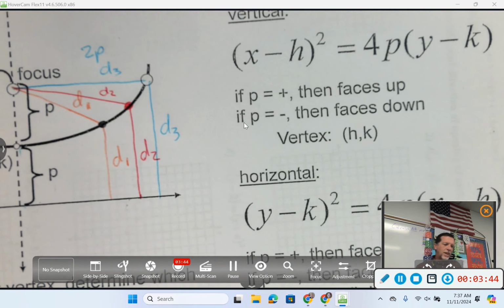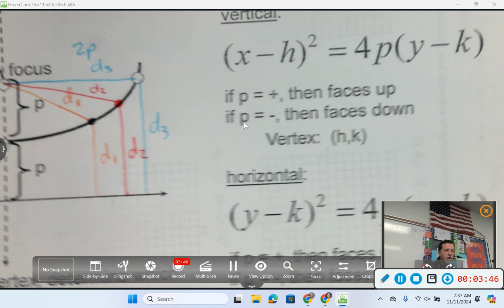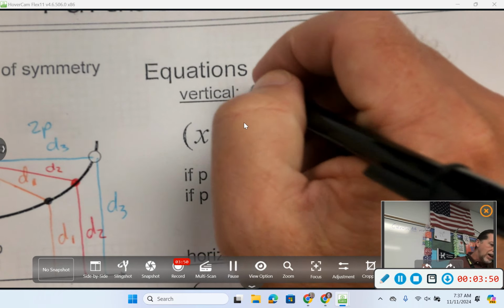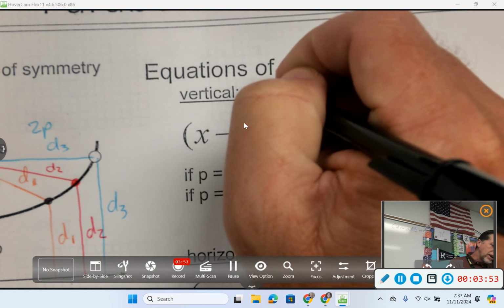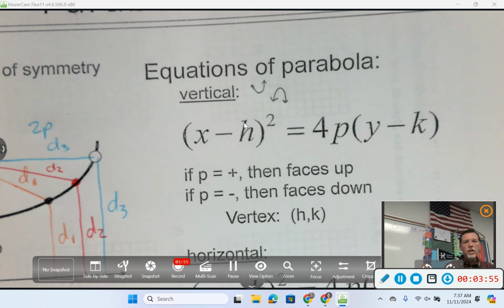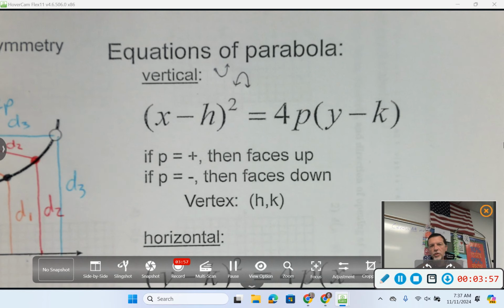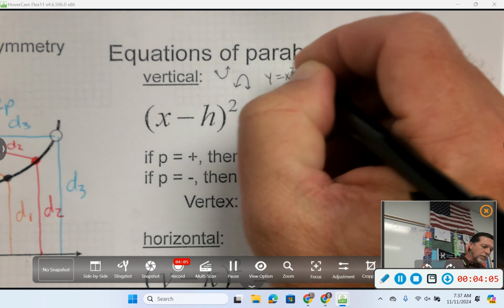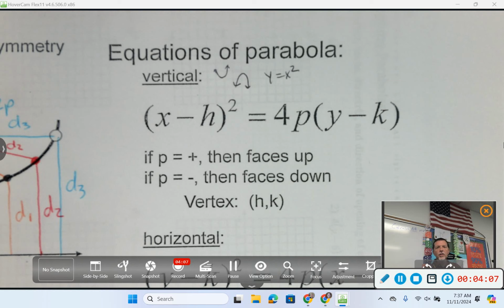Well, we are now going to be able to deal with vertical and horizontal parabolas. So vertical meaning an up parabola or a down parabola. I would say those are the ones we're far more familiar with. Maybe we should have led with this. But a parabola is usually y equals x squared, something along those lines. So the squared term tells you which way it's going.